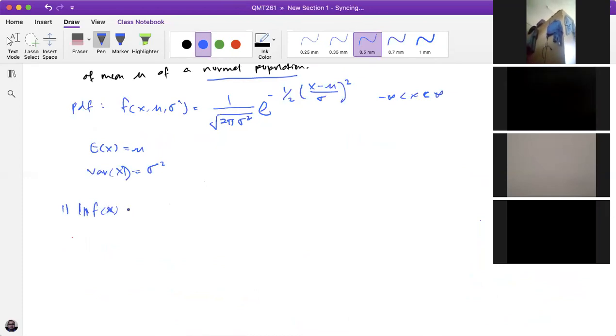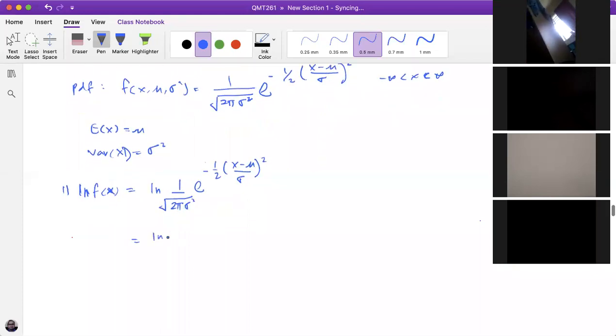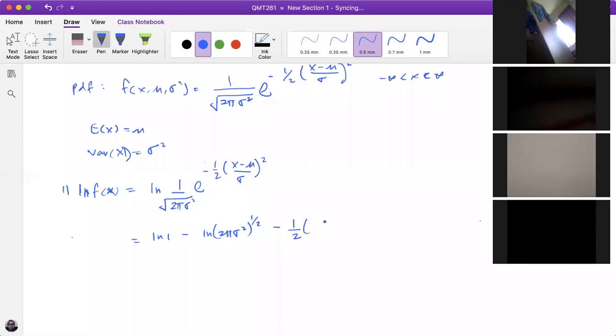ln f(x) is ln of 1 over the square root of 2 pi sigma squared, times exponential of negative 1 over 2 times (x minus mu divided by sigma) squared.